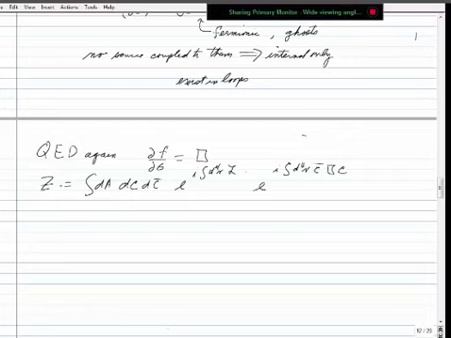They're internal only, so you don't take them as external states. So these will exist in loops, but not much else.